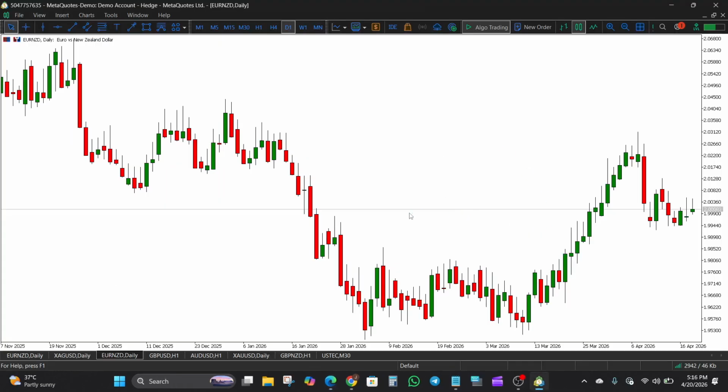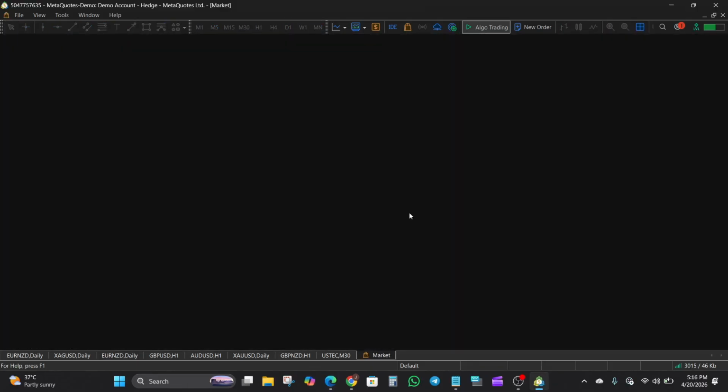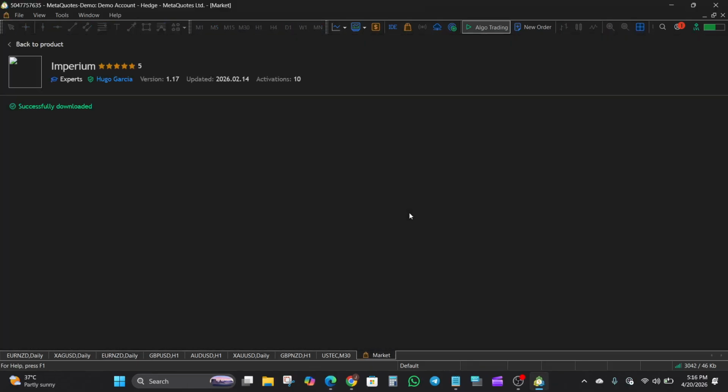Remember that for each expert advisor that you want to test, you can choose the parameters for which you want the EA to be tested on. All right. So as the EA is added to our navigator now, I'm going to show you very briefly those parameters that you can modify depending on how you want the EA to be tested.